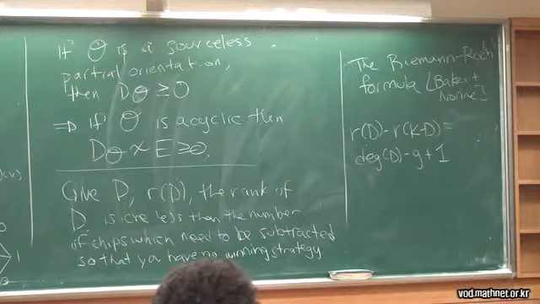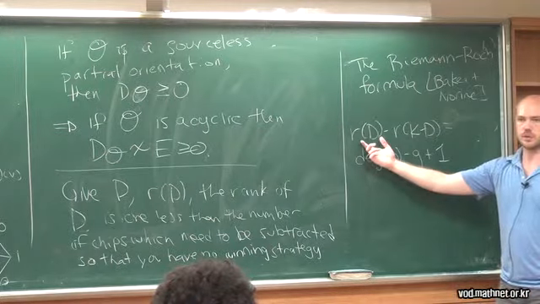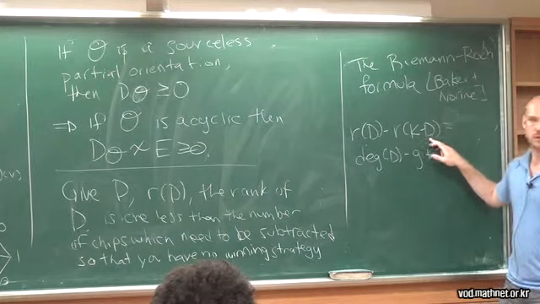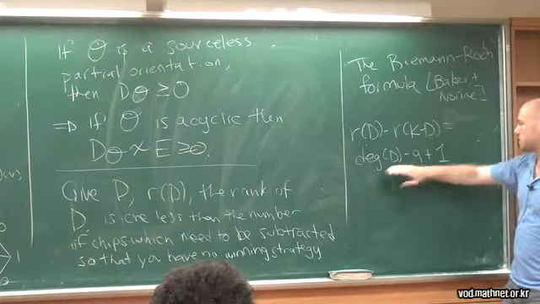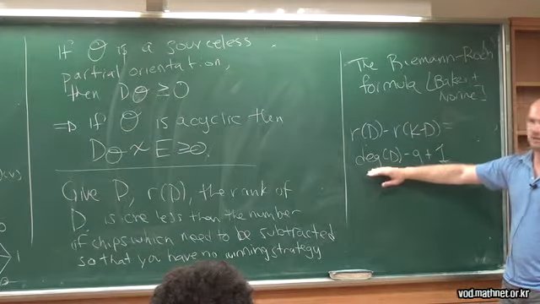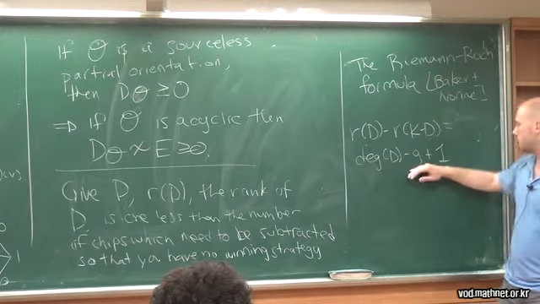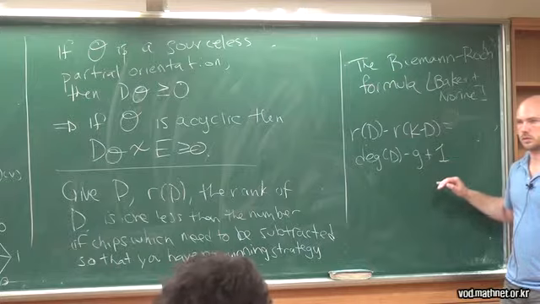So the Riemann-Roch formula says that if you look at the rank of a divisor and you subtract the rank of the canonical divisor minus that divisor, then this is always a fixed quantity which is simply a function of the number of chips. This is the degree of D minus g plus 1.